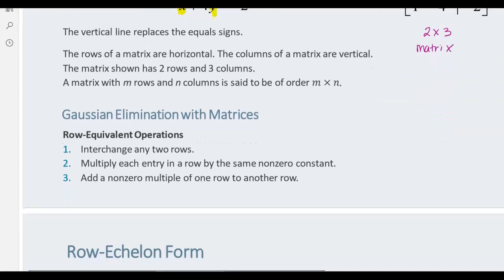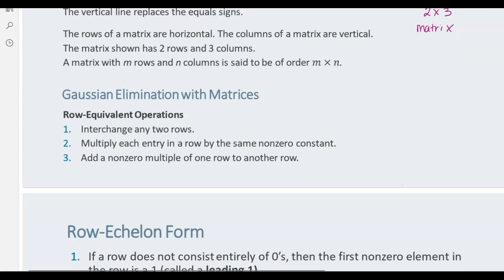In the last video, we talked about Gaussian elimination, which gave us a set of rules that we could use to solve a system of equations. We could interchange rows, multiply a row by a non-zero constant, or combine 2 rows together by adding them. Those are the same operations that we use with matrices to rearrange everything and solve them.